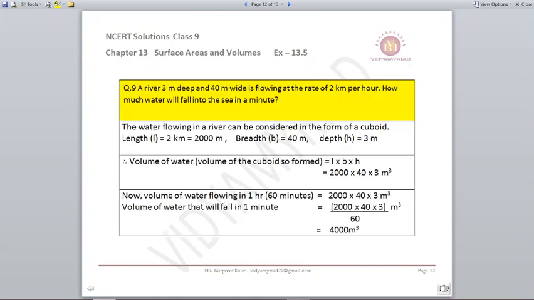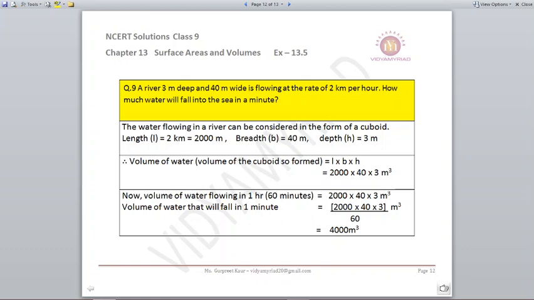Question number 9. A river 3 meter deep and 40 meter wide is flowing at a rate of 2 km per hour. How much water will fall into the sea in a minute? So let's talk about the river bed. It is in the form of a cuboid, and we are given the length, which is given as 2 kilometers per hour.